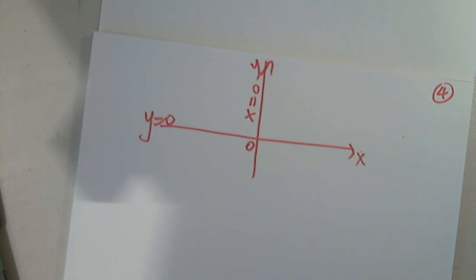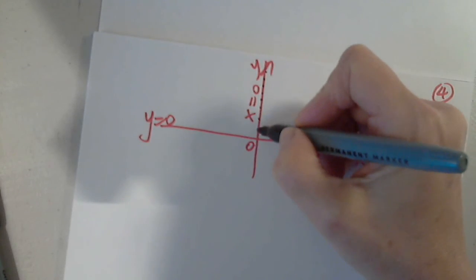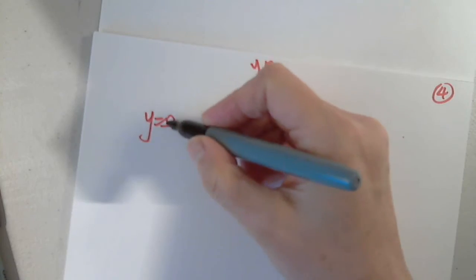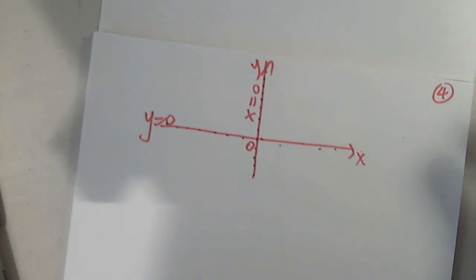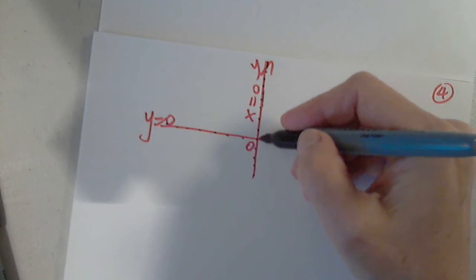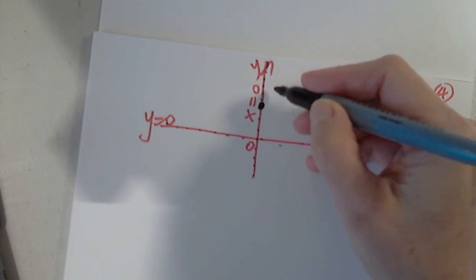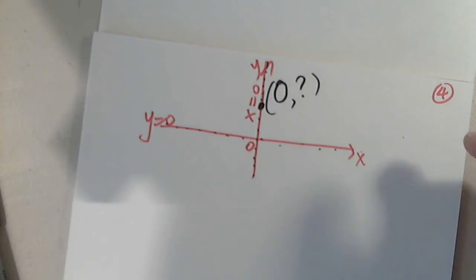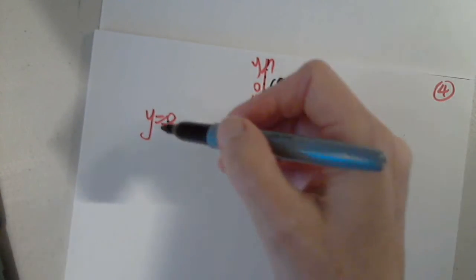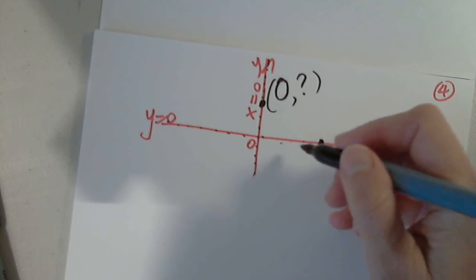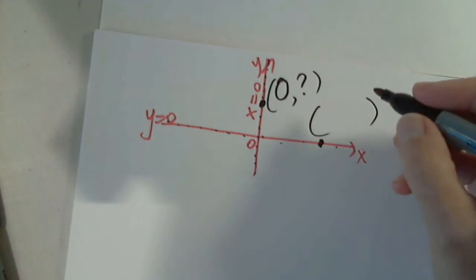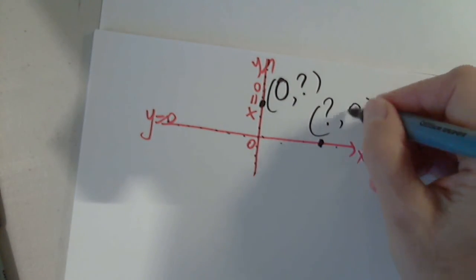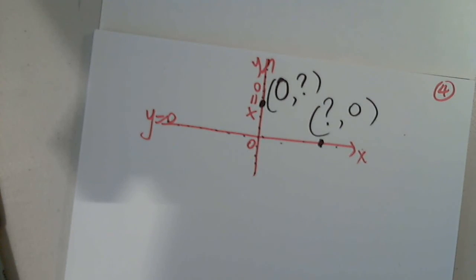In order to find the x and y intercepts for any graph like this one, I have to determine a point here and a point here. Somewhere. I don't know where. But what I do know is that all these points will have some y, but x is 0. All these points, for example this one, will have some x, but definitely y is 0.